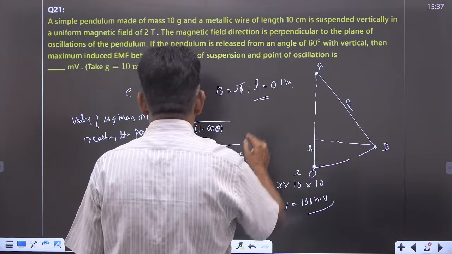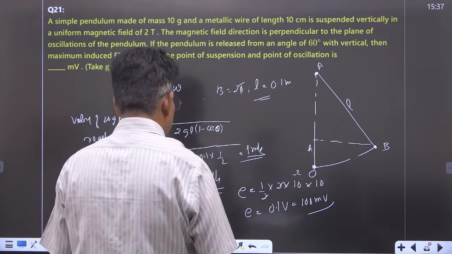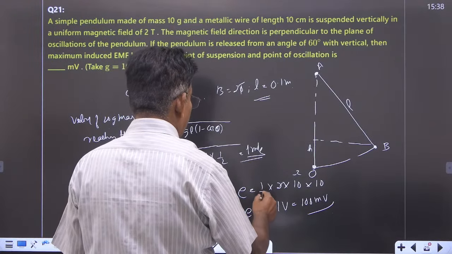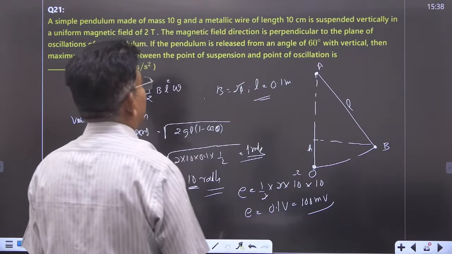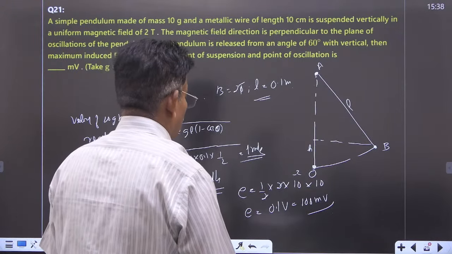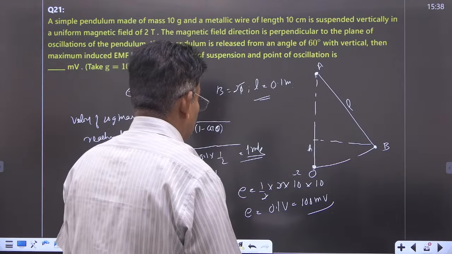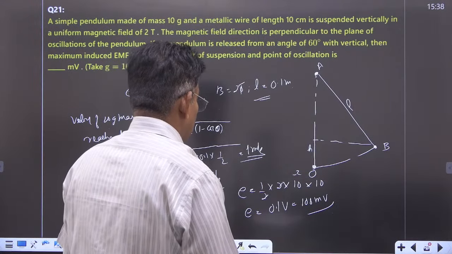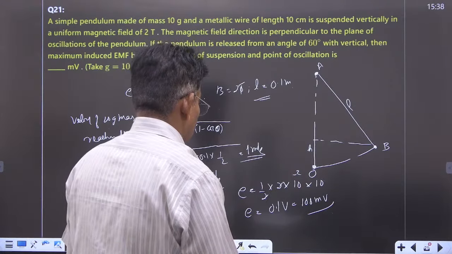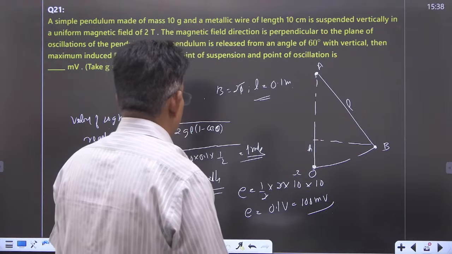L is 0.1 meter. Then the induced EMF is half B L square omega. L square will be 10 to the power of minus 2, into 10 to the power of minus 1 volt. That is into 1000, that is 100 millivolt, not 10.